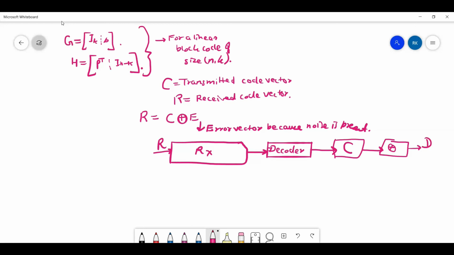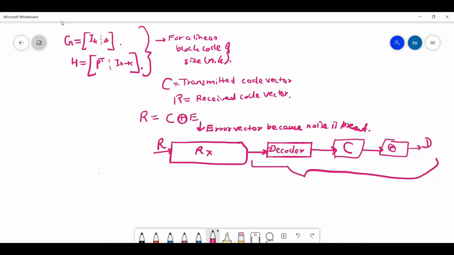So how are we going to do this? The receiver does this decoding operation which starts from here, goes up to here. This is the whole decoding operation. This decoding operation is done by determining an n minus k vector S known as the error syndrome.